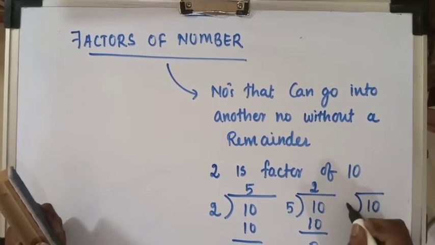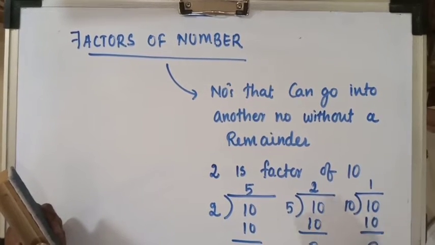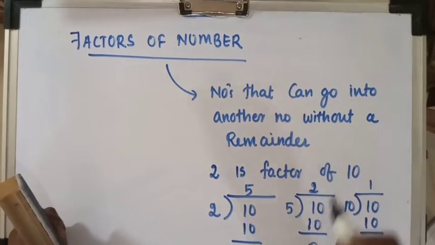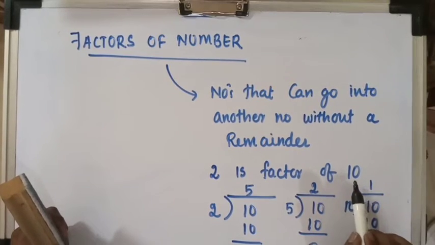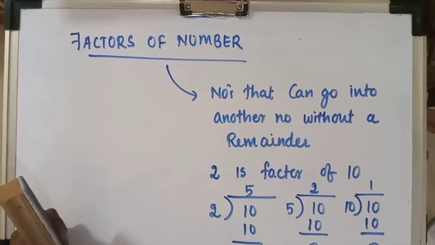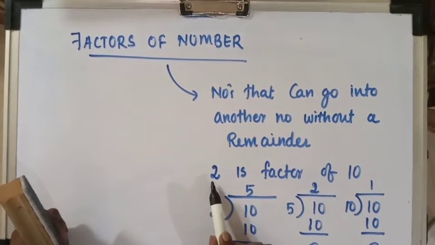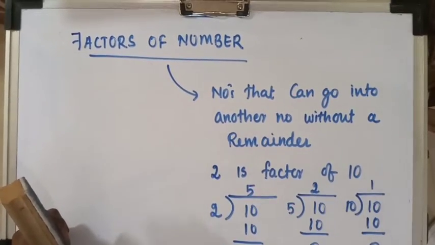When I divide 10 by 10, I have the remainder as 0. So 10 is also the factor of 10. So what is a factor? A number when divided by another number such that the remainder is 0, then the number by which it is divided is said to be the factor of that number.